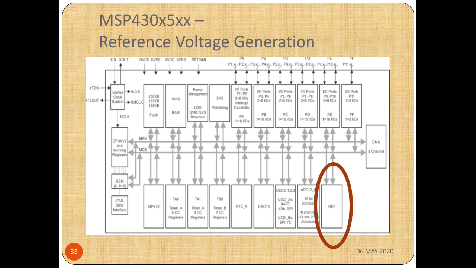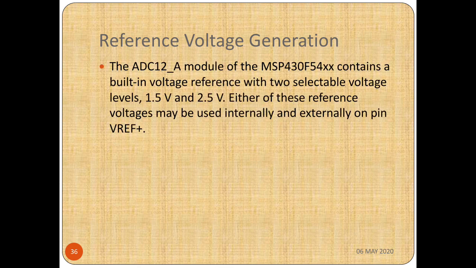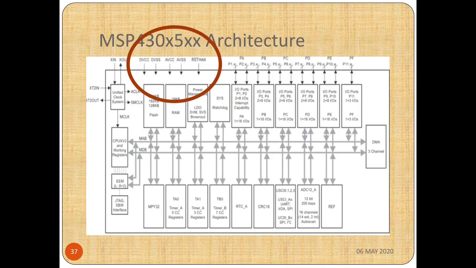The reference block generates the reference voltage, using which we can convert the analog information to digital information. It can provide two selectable voltages, one is 1.5 volts, the other is 2.7 volts.